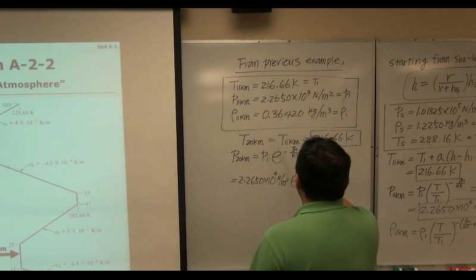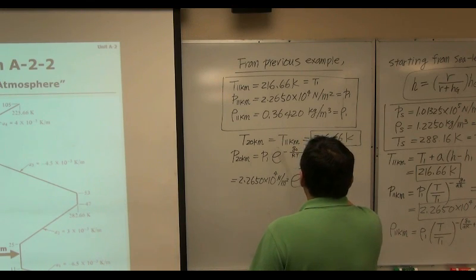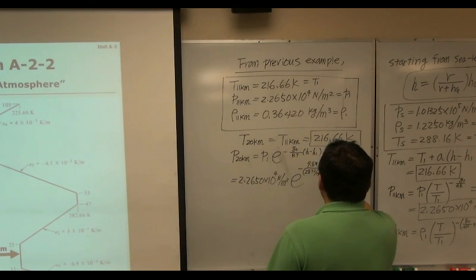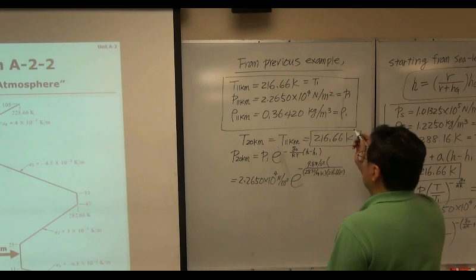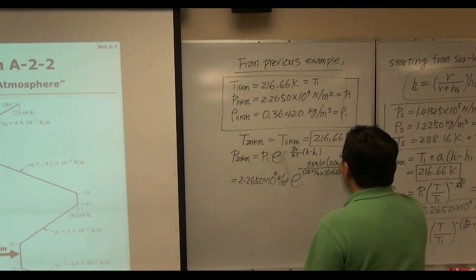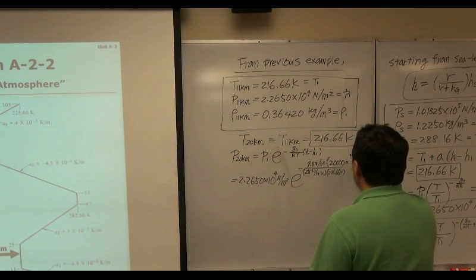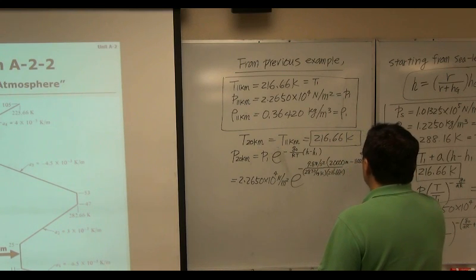Exponential, this is 9.8 meter per second square, gas constant 287 joule per kilogram K, temperature is 216.66 K constant, multiplied by H, which is 20,000 meter minus 11,000 meter.